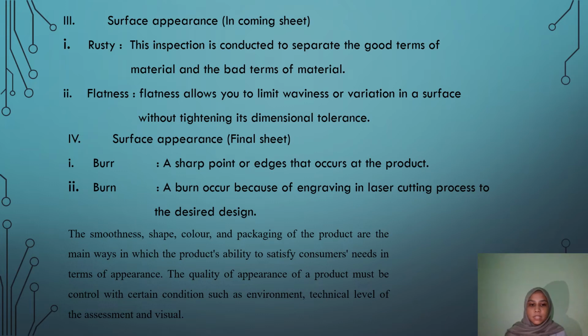The smoothness, shape, color, and packaging of the product are the main ways in which the product's ability to satisfy consumers' needs is judged. In terms of appearance, the quality of appearance of a product must be controlled with certain conditions such as environment, technical level of the assessment, and visual.